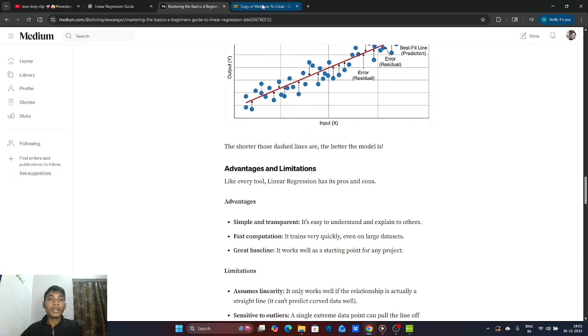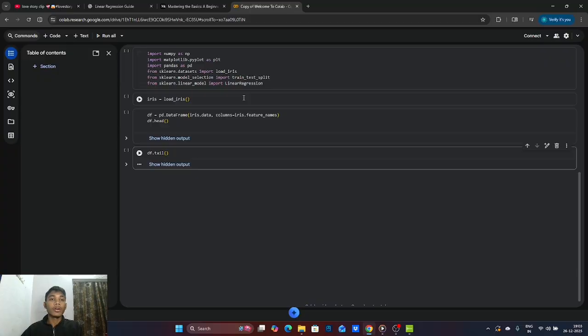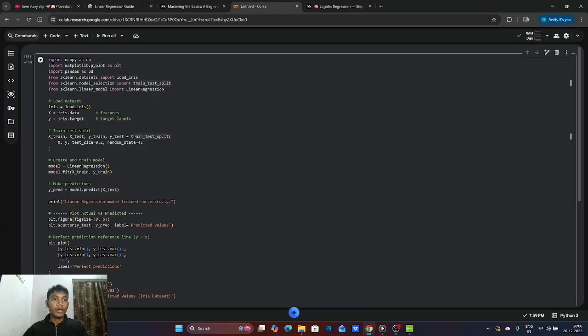So let's look at the code of linear regression. Here we use NumPy for mathematical equations, matplotlib for plotting graphs, Pandas for structuring data, and the sklearn library for loading array data.